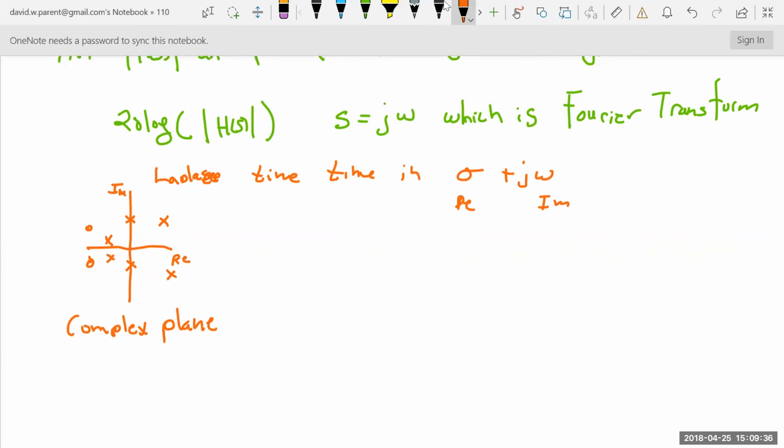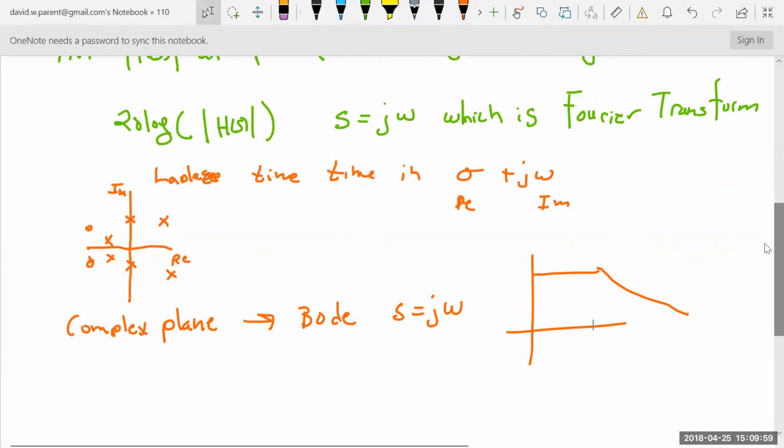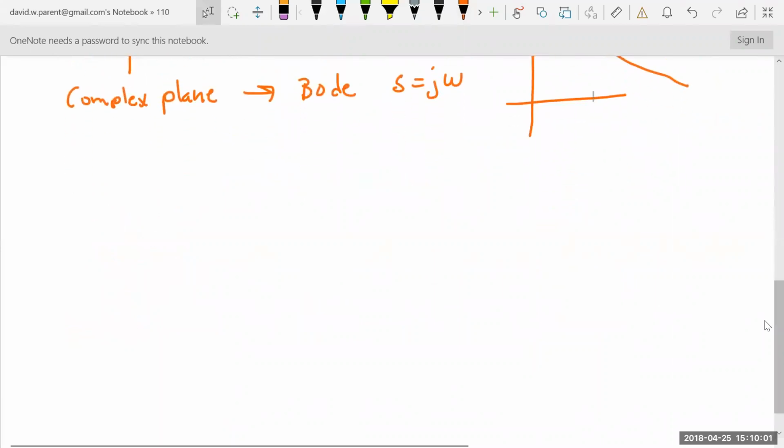And then we went right into Bode, which is really just s equals j omega, right? And you get these kind of shapes, right? Now, you try to put the important things first in a course.